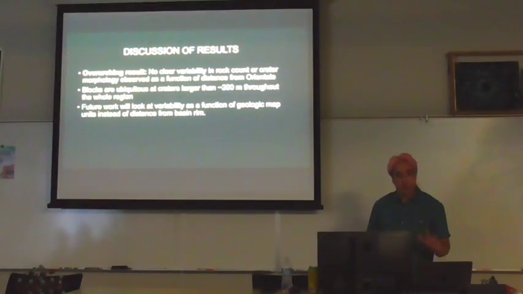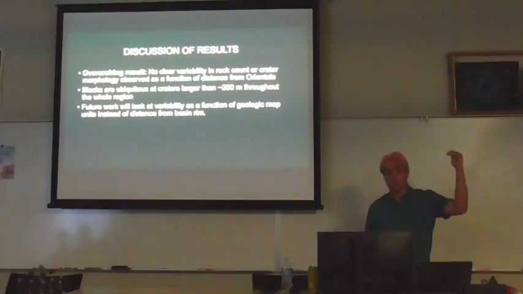And what we would probably do differently in the future is, instead of looking at the difference in the amount of rocks that we count as we move further away from Oriental Basin, we would actually look at it as a function of the geological map. So instead of saying, okay, how far are we getting away from the center? Let's see what the difference in the amount of rocks that we find. We're going to say, well, let's look for things only in areas that have impact melts.